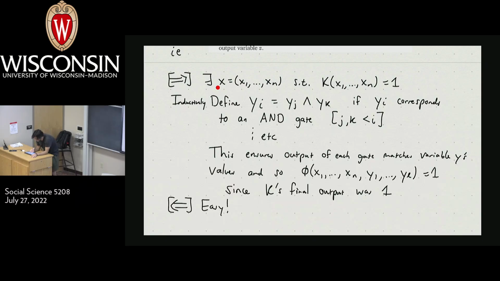If there exists an input, a setting of the x's, so that your circuit evaluates to 1, then we're going to inductively define the value of these variables y such that yi is equal to yj AND yk if yi corresponded to an AND gate with inputs yj and yk. So if we had this.